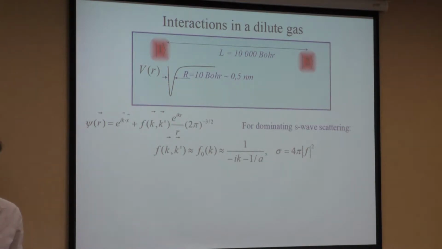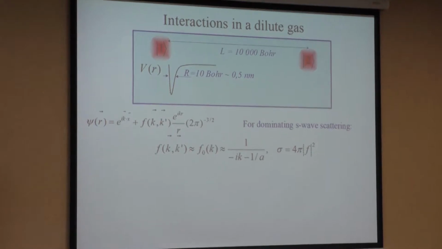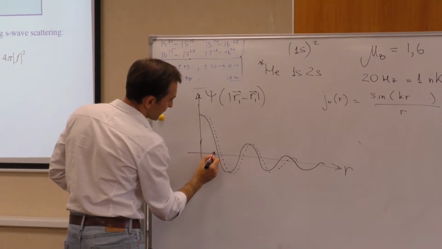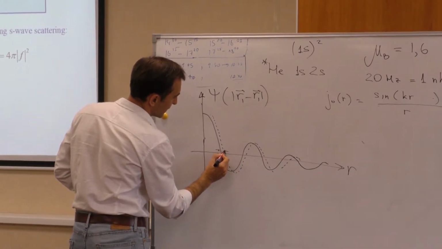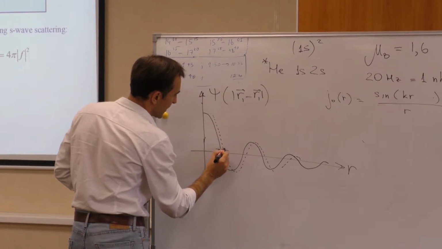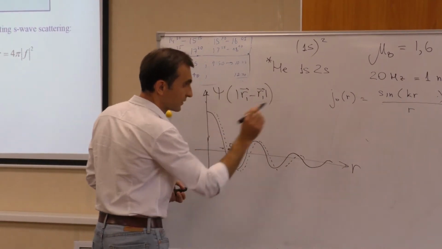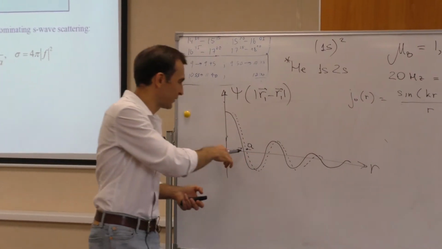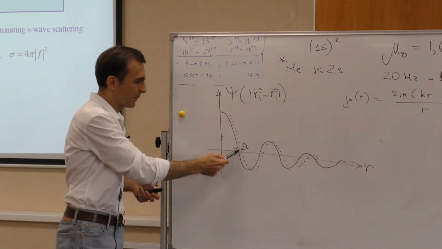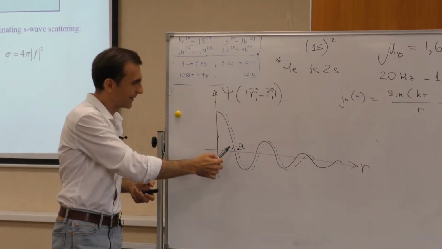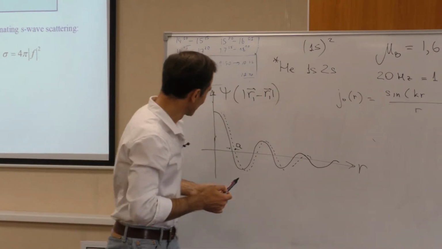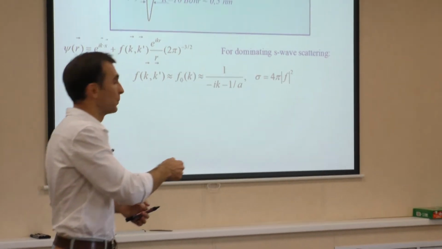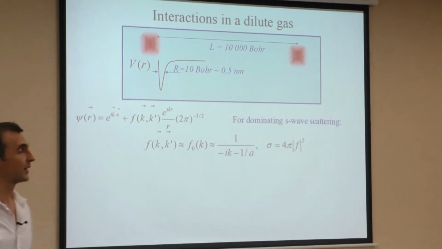And it is related to the phase shift. This amount that the zeroth order Bessel function shifts is just this amount A, the scattering length. And from this simple picture, you can see that A may be both positive and negative. An important quantity is the scattering cross section.